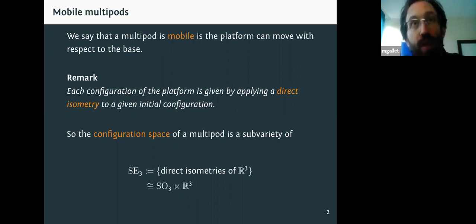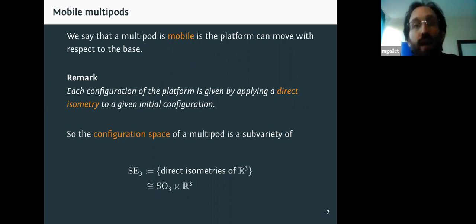And if a manipulator exhibits mobility, this means that we don't have control anymore on the position of the platform just by operating on the legs.